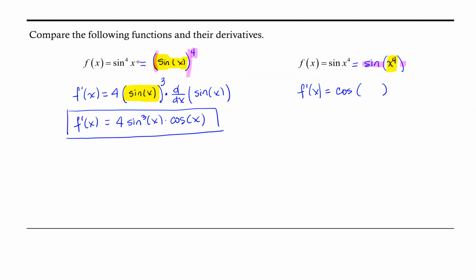Now remember, when you take the derivative with the chain rule, you leave the argument of the function you're working with alone when you take the derivative of the outer function. So derivative of sine was cosine, and we leave the argument of that sine function alone. Then we multiply by the derivative of that argument.